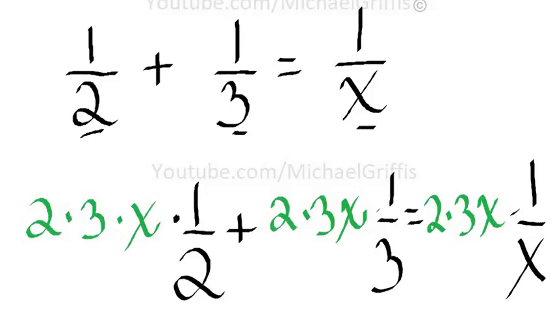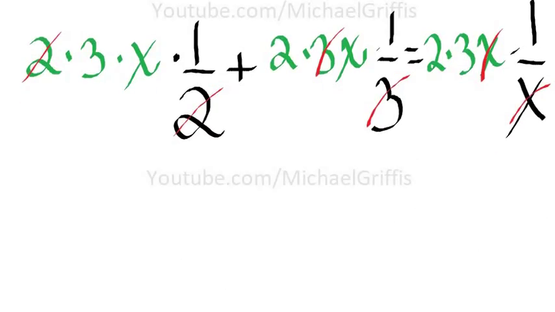We're trying to eliminate the fractions in this problem. As you can see, the 2's here will cancel, the 3's will cancel, and lastly the X.